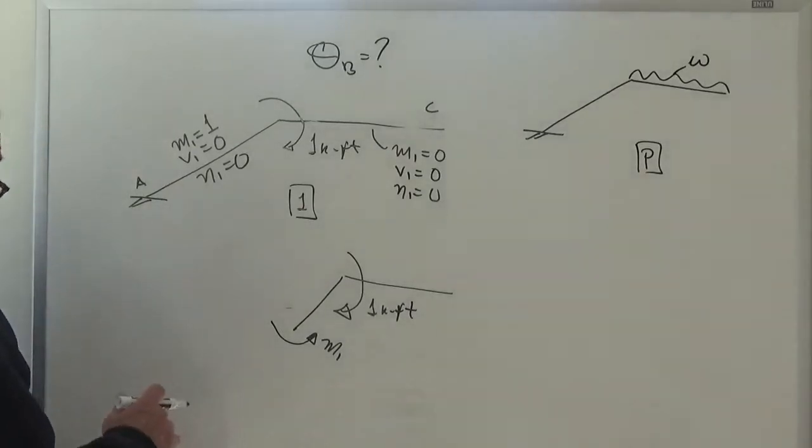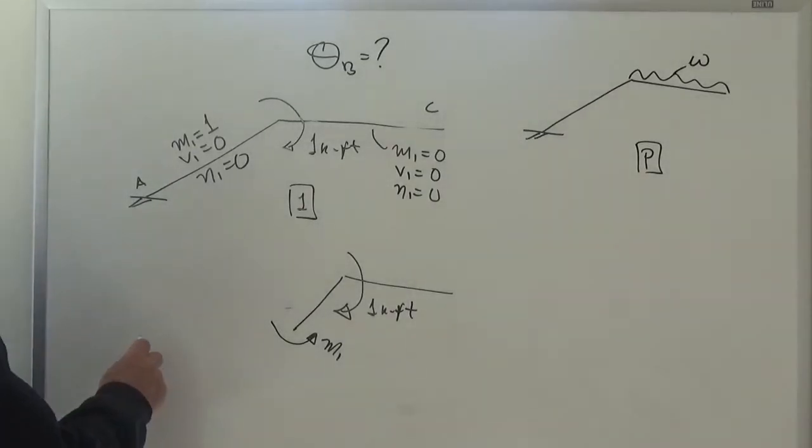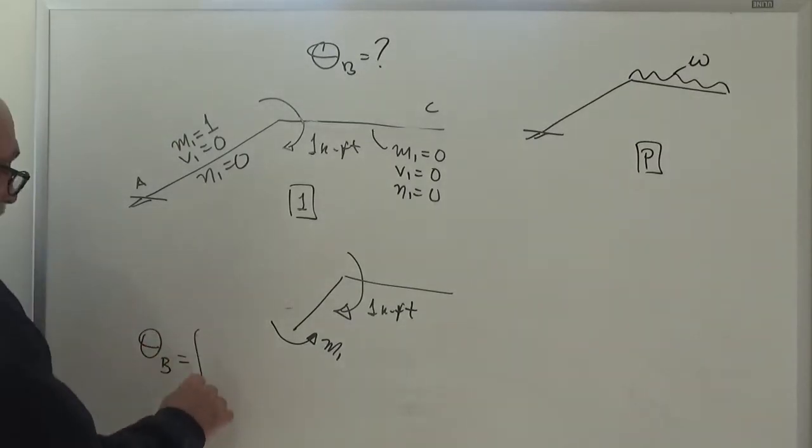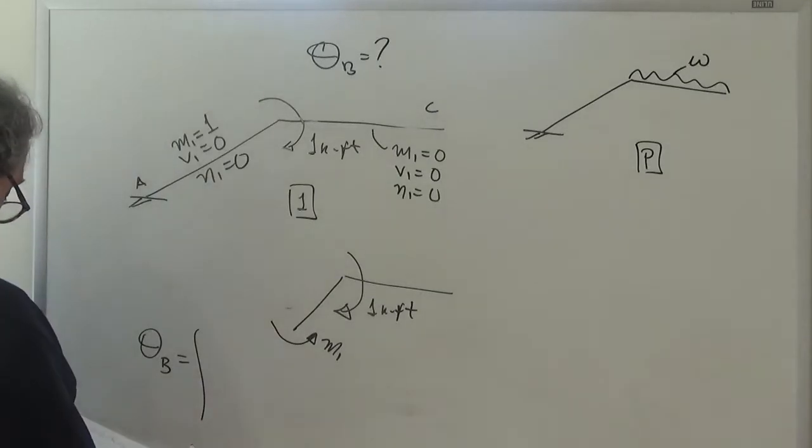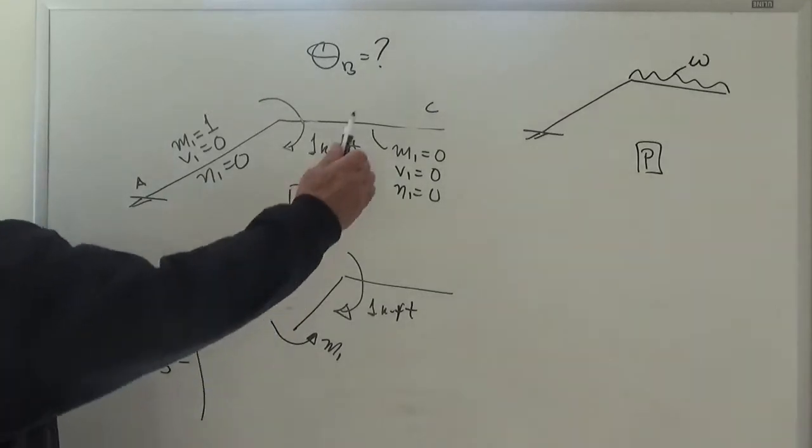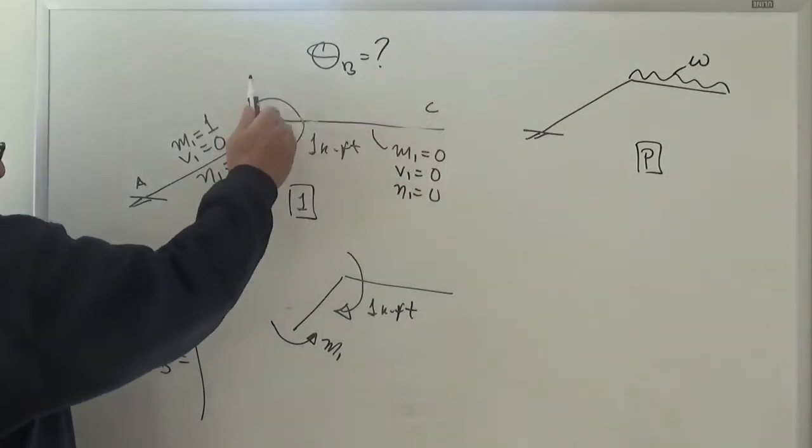Therefore, theta at B would be the integral, nothing on this bar, right?